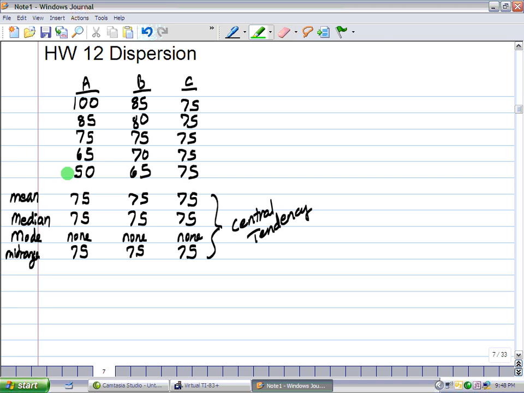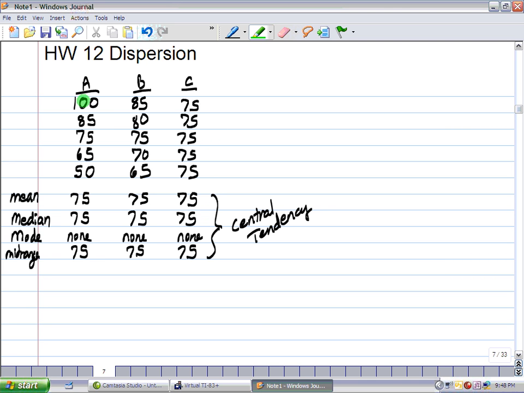Notice if I find the mean of each one, in other words, if I total these together and divide by 5, I get 75. Same with these. Add these together and divide by 5, get 75. Take the median, the middle value in all of them: 75.